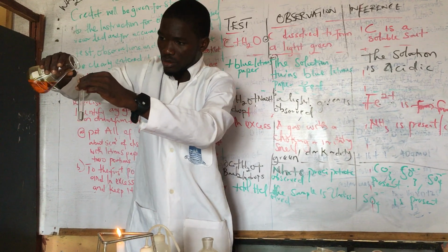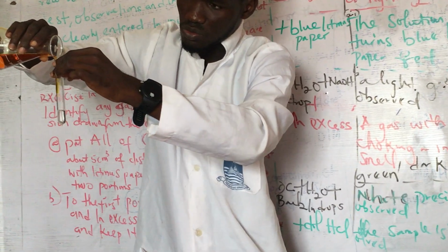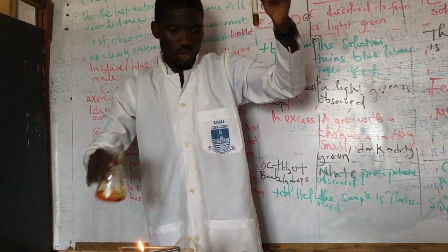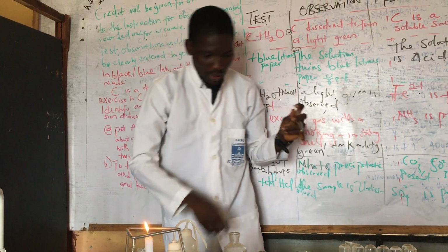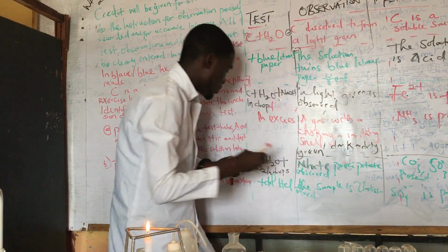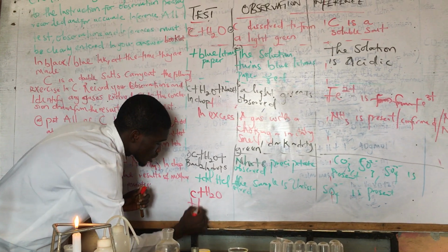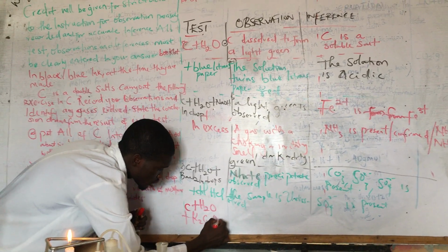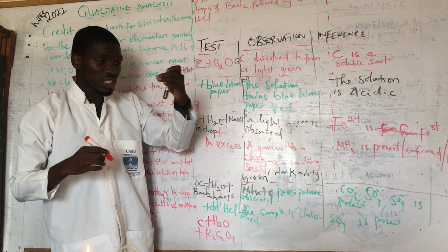So when you pour it here, wow. So you can see it changes colors. So you can say you have sample C plus water plus potassium heptaoxodichromate.